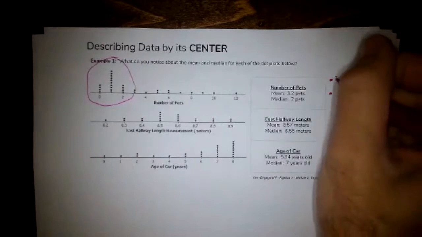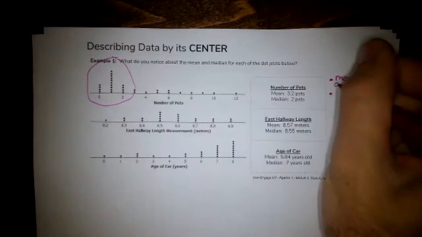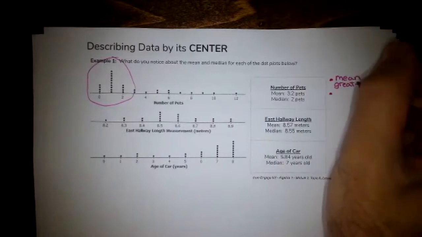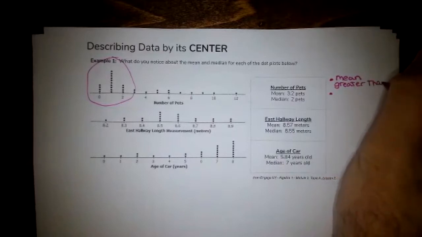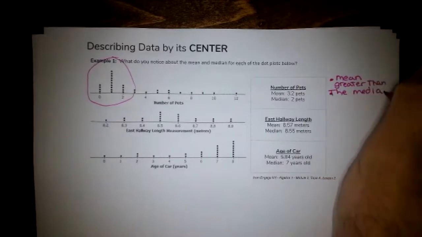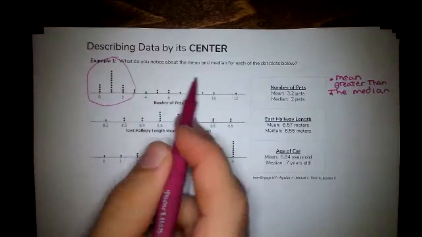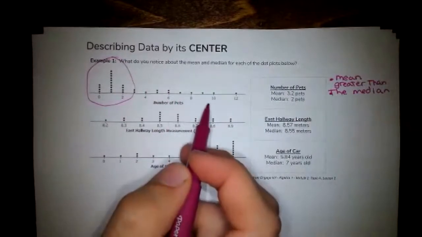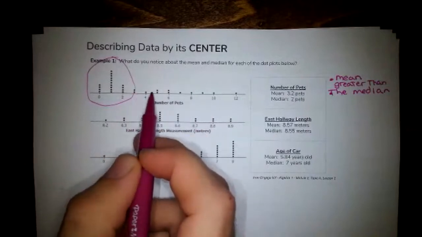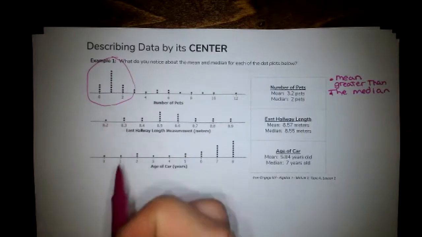It means that the mean, the average, is going to be greater than the median. So basically, if you take the average of all of this, because of all of these outliers over here, the average is actually going to be higher than the middle number. The middle number is probably somewhere in here.